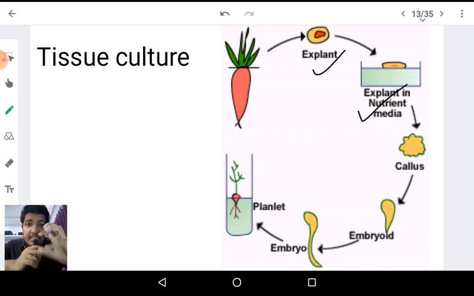Now when we place it in the nutrient medium with enough nutrients required for the growth of a plant, it will get converted into an undifferentiated mass of cells, and this undifferentiated mass of cells is known as the callus. This callus later gets converted into a tiny embryo which is known as an embryoid, and later it gets converted into a mature embryo.